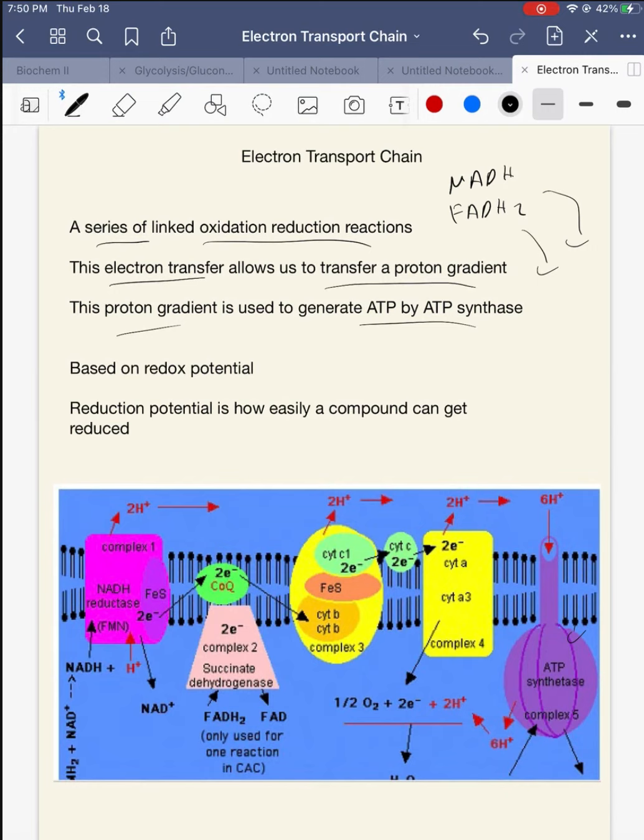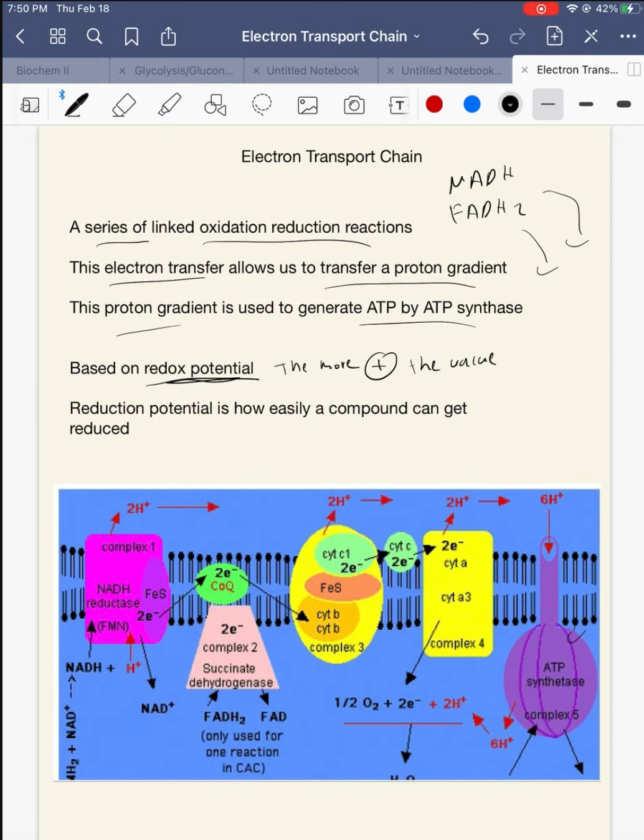Before we talk about redox potential, this is what it's usually stated in. You'll get a half reaction, and it'll give you the redox potential of it. The redox potential is how easily a compound can get reduced. So the more positive the value, the more likely it will be reduced, and the more negative, the more likely it will be oxidized.